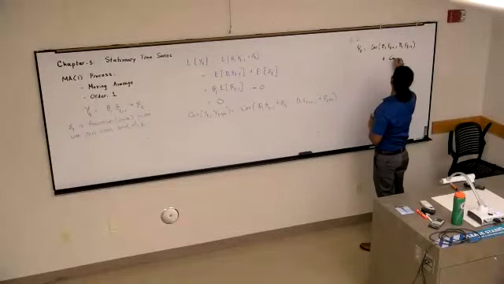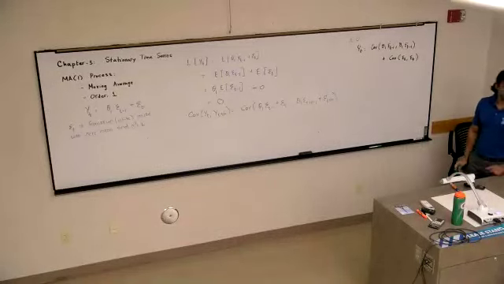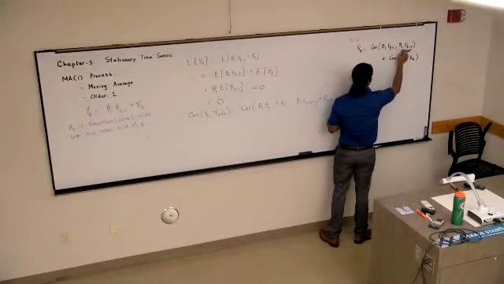So covariance of epsilon t, comma epsilon t. I have a theta 1 here, I have a theta 1 there.